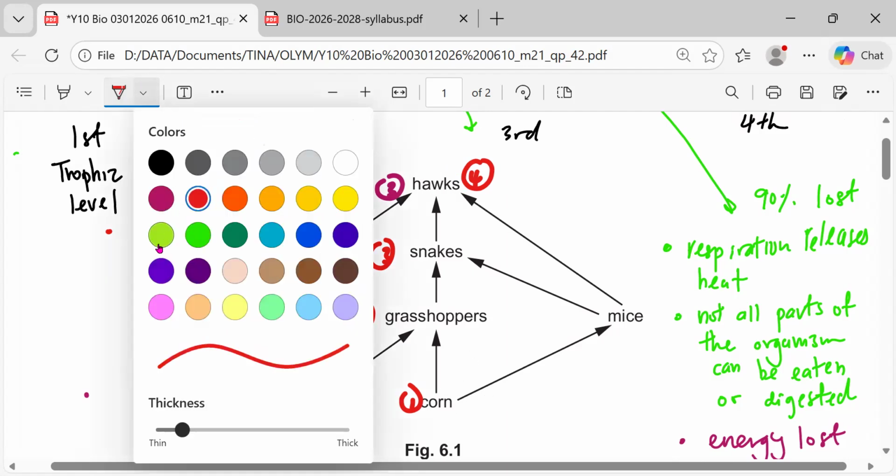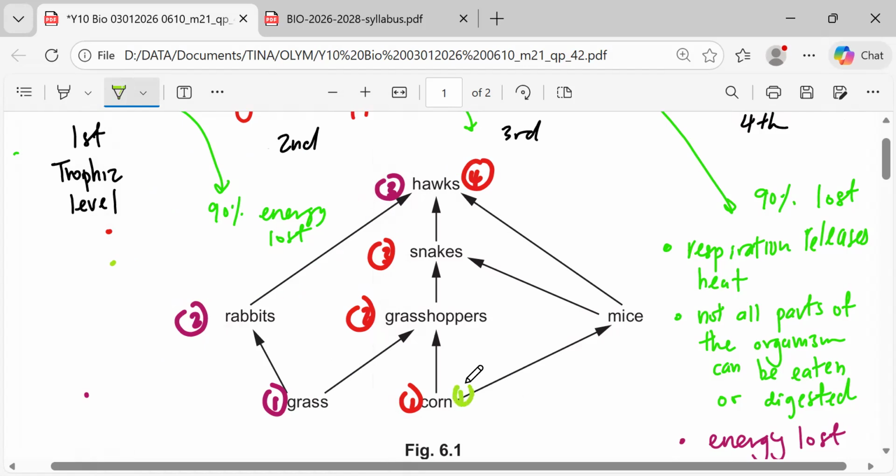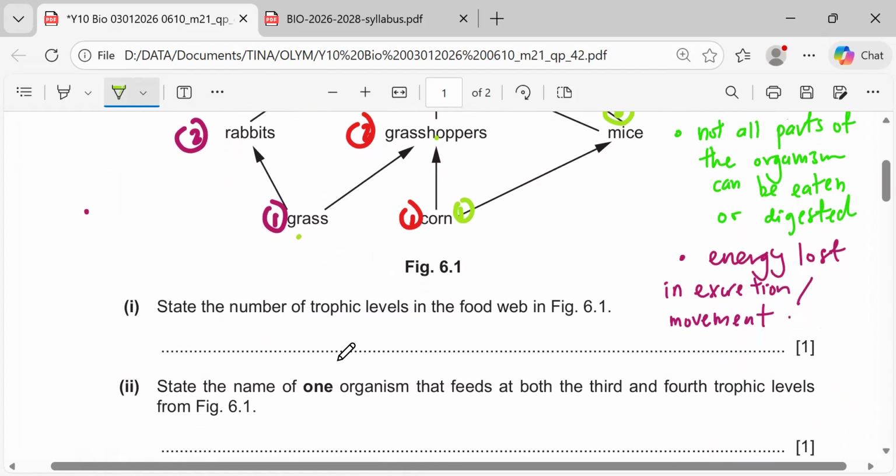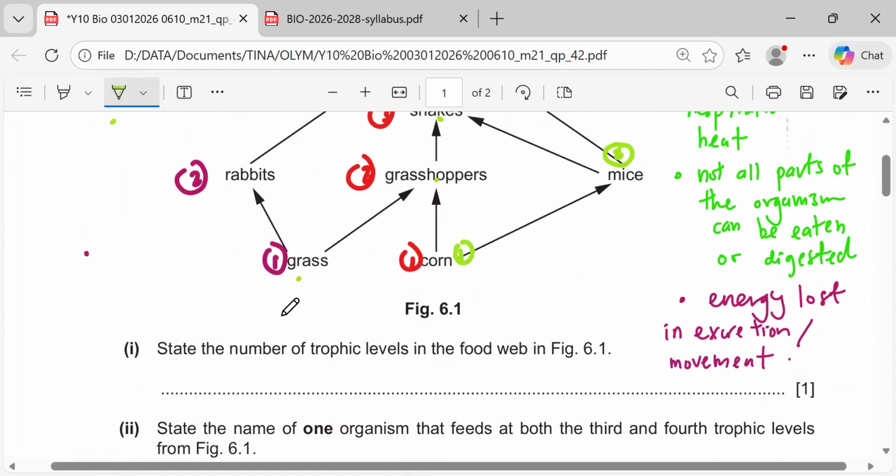And then you also have 1, 2, 3, and you also have 1, 2, 3, 4. So there's a few. All right. So the trophic levels is 4.